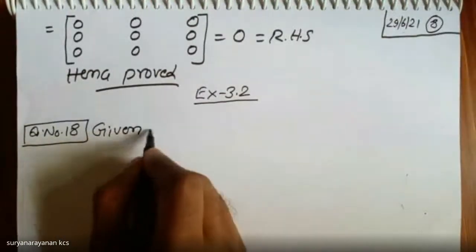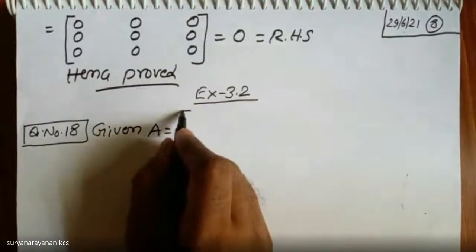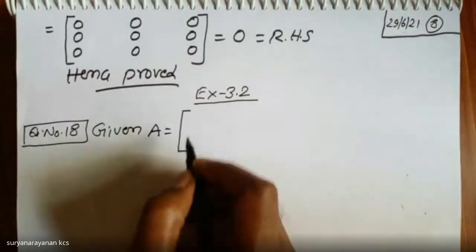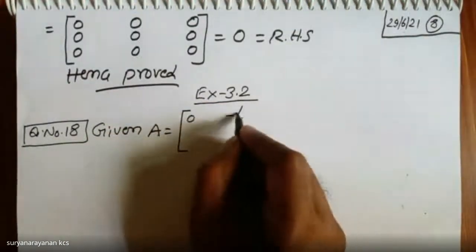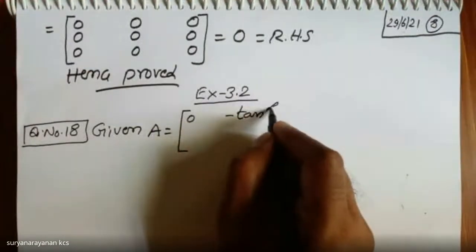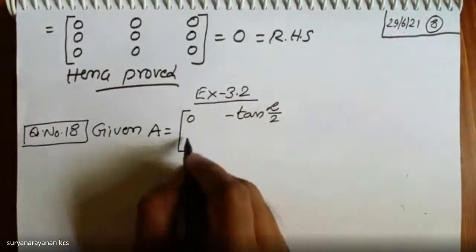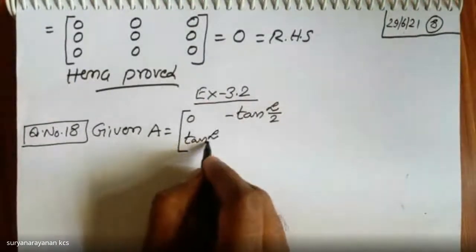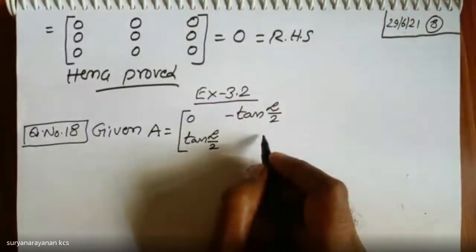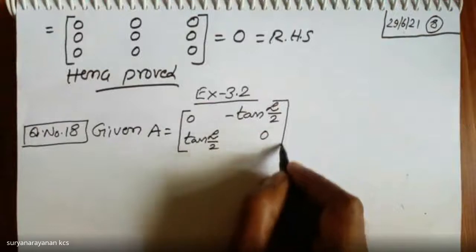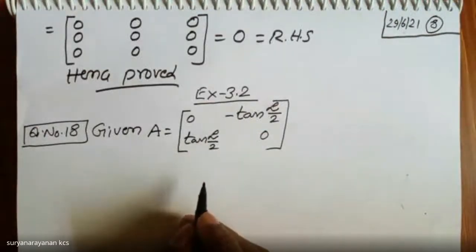What is given? A is equal to matrix 0, minus tan alpha by 2, tan alpha by 2, 0. This is the given matrix A. And given that I is an identity matrix of order 2.